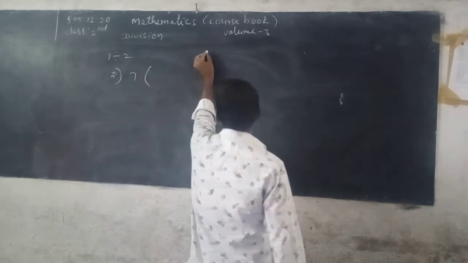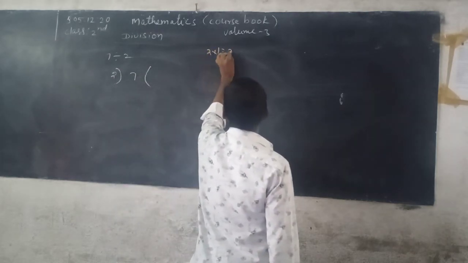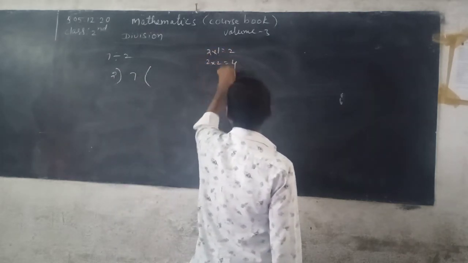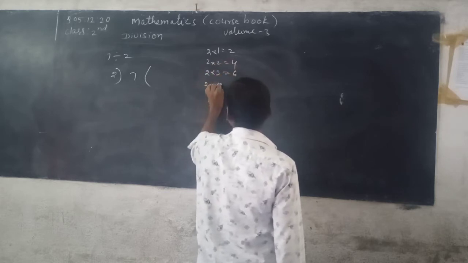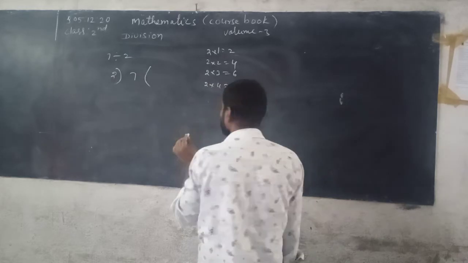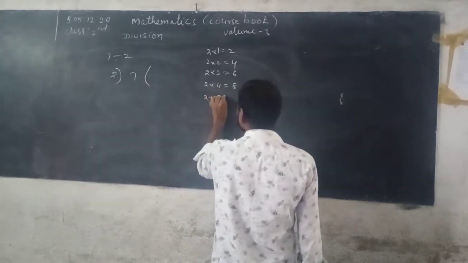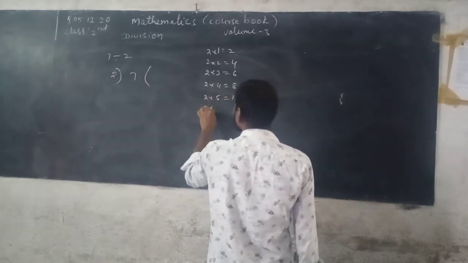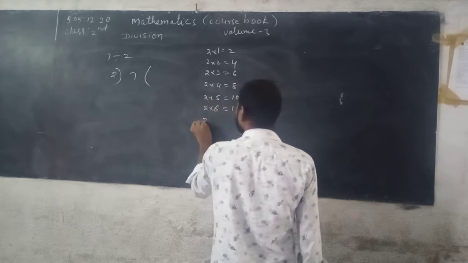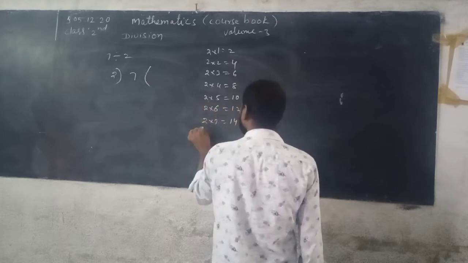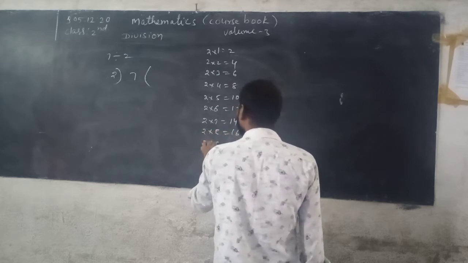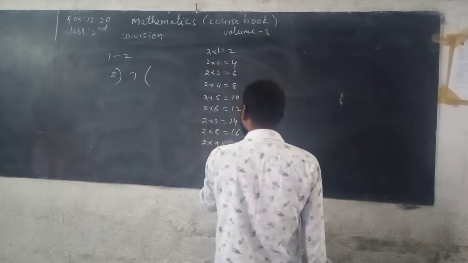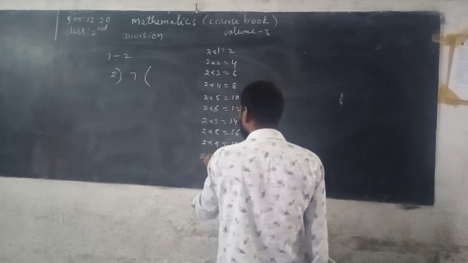You can write the 2 table. 2 1s are 2, 2 2s are 4, 2 3s are 6, 2 4s are 8, 2 5s are 10, 2 6s are 12, 2 7s are 14, 2 8s are 16, 2 9s are 18, 2 10s are 20, beta.